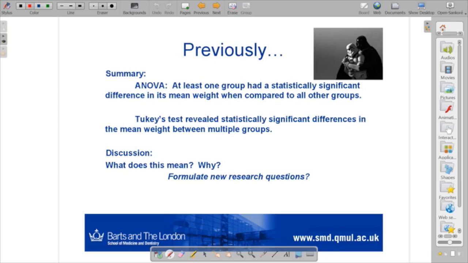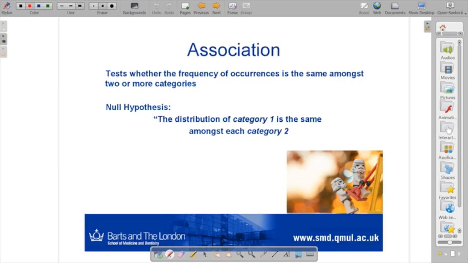There's lots of reasons we might not have been able to do analysis of variance, or may not believe that result. What we could do is ask a slightly different question, and rather than asking whether the means of all the groups are the same, we could ask: is the weight within each rank, or within each group, distributed in the same way?